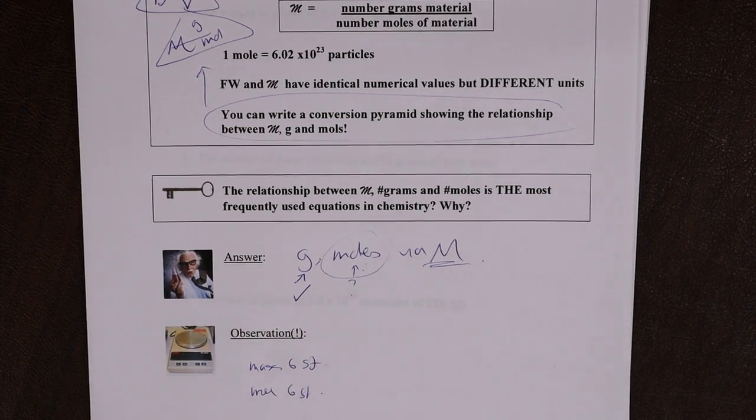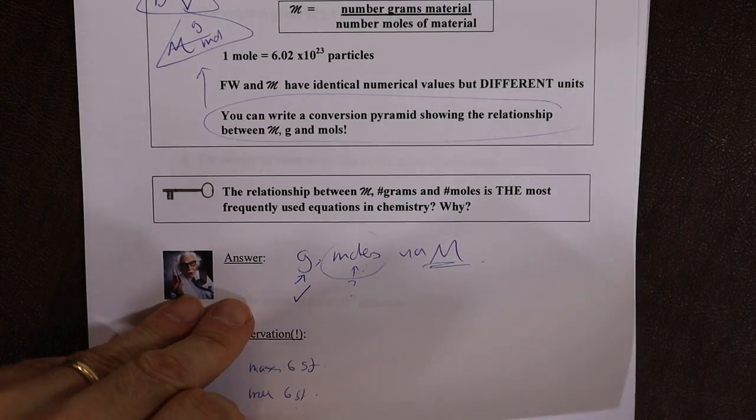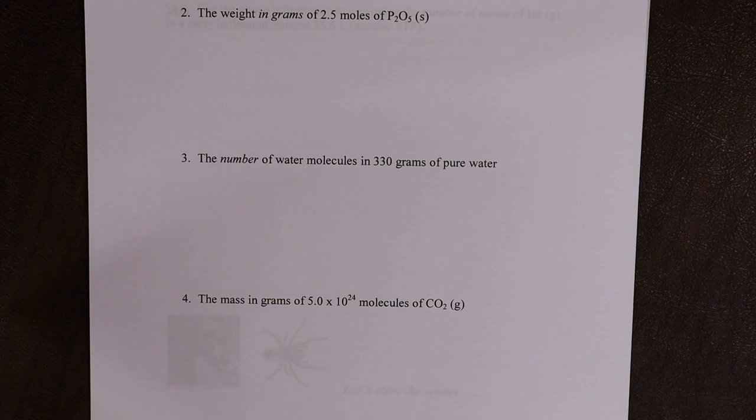So the more accurately you weigh something, the more accurately you can count it. And that's exactly what we do in chemistry. We count things by weighing them. If we weigh them super accurately, we can count them super accurately. That makes sense. So that's why we have super good and expensive balances.